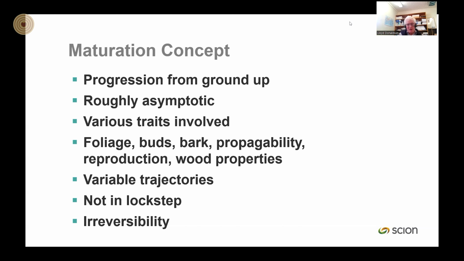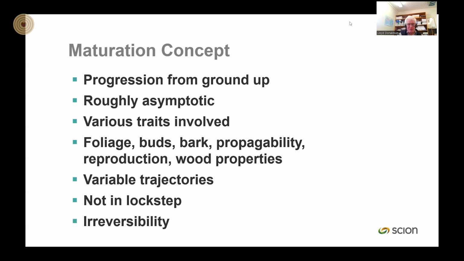An important aspect of maturation is revealed by the fact that in species that will coppice, the stump sprouts tend to have the characteristics of the seedlings rather than the tops of the relatively old trees that have been felled.